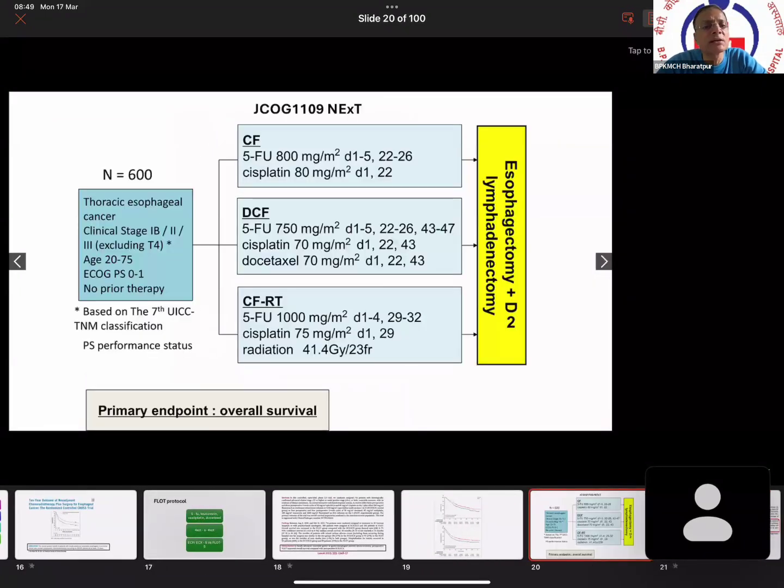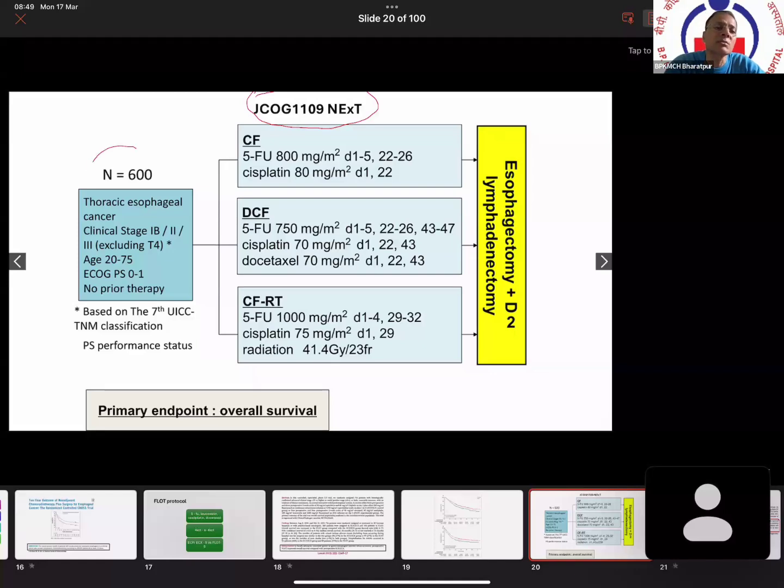Now, there is a very contradictory point. The Japanese do not believe much in chemoradiation. They say that if you need to treat the patient, either go for surgery or go for chemotherapy. Don't mix chemoradiation together with surgery, as it may not be very beneficial. According to their logic, they have come up with the results of the JCOG 9907 trial, that's the next trial.